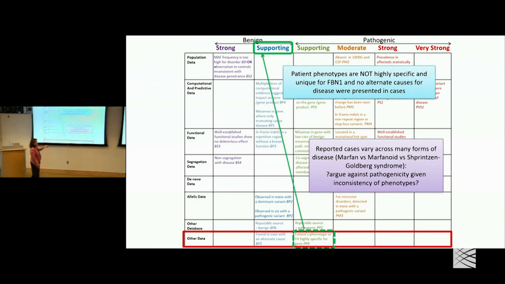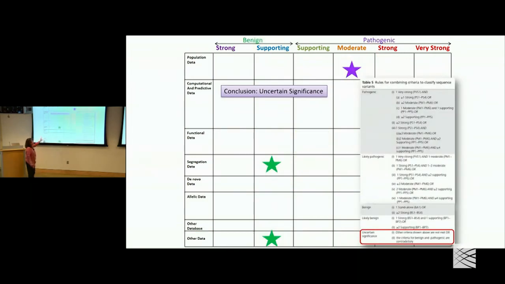And so when you see the variant in a bunch of different phenotypes, we sometimes start to argue against pathogenicity. In fact, this is true in this gene. And so we said, well, maybe the observations of different phenotypes in this variant were supporting evidence against a pathogenic interpretation.